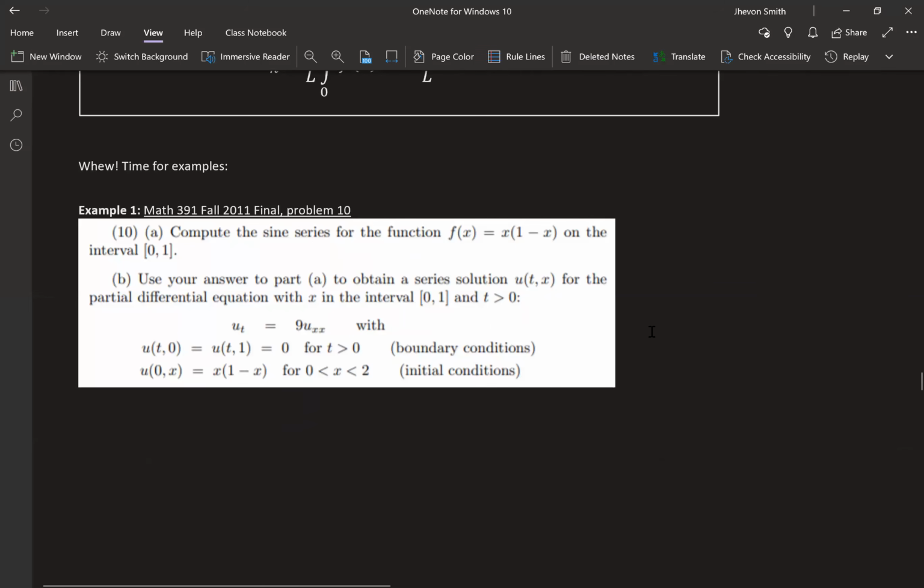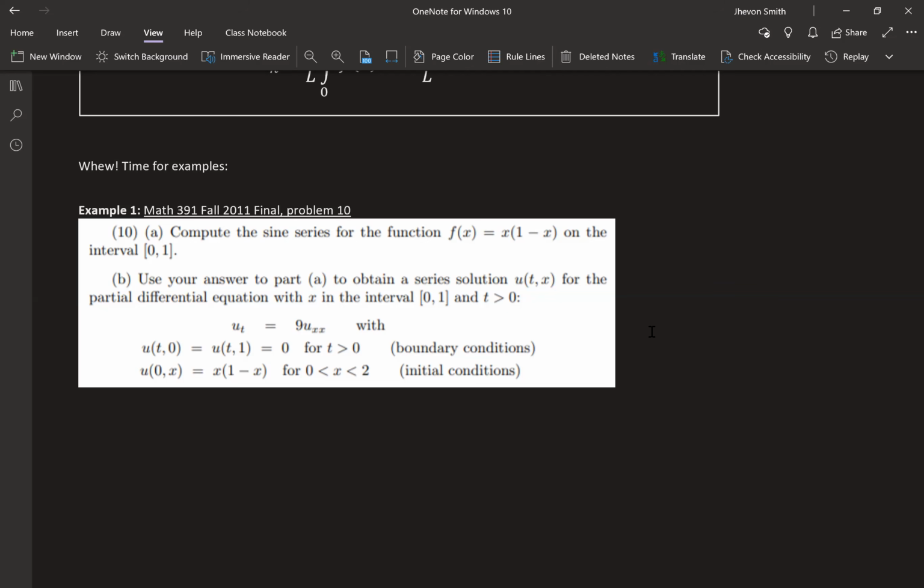So in a final, here's a problem that you could be seeing. On your departmental final, maybe on the bonus problem, you could have a problem something like this. Part A, find the sine series for this function. Part B, use your answer in A to obtain a series solution u of t comma x for the partial differential equation.